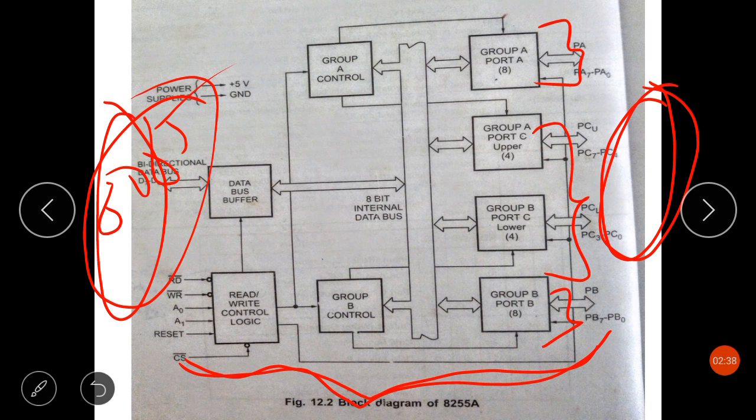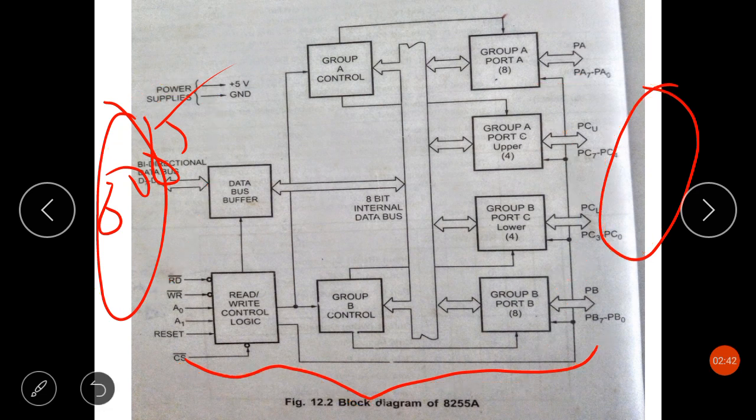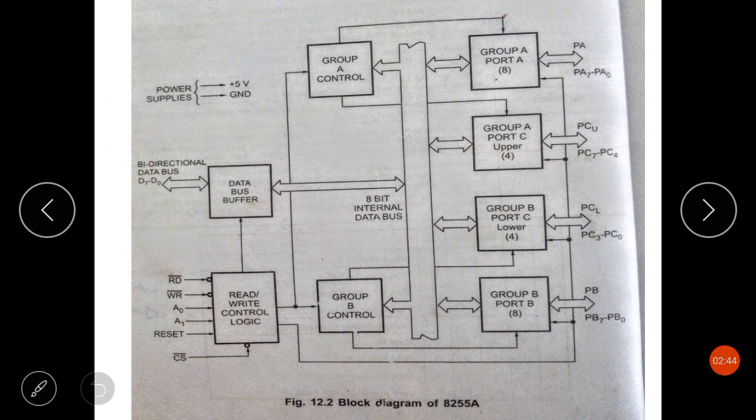First let's discuss the block diagram of 8255. Starting with D0 to D7, as you can see here, these are bidirectional data bus lines. These are connected to the system data bus of the 8085 microprocessor.